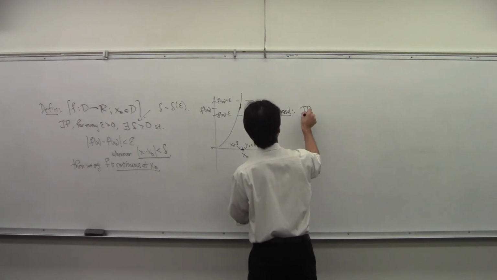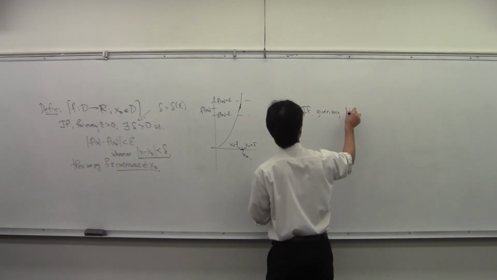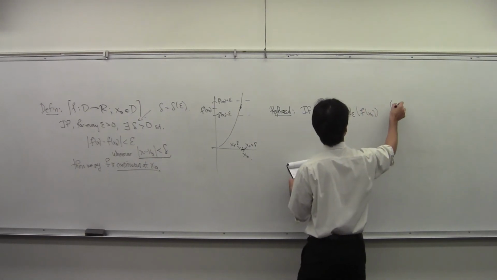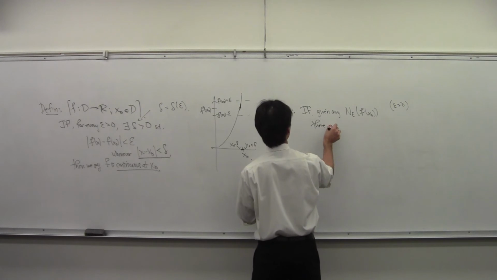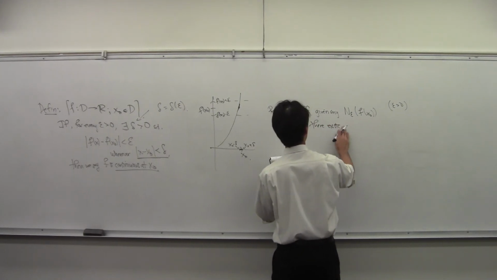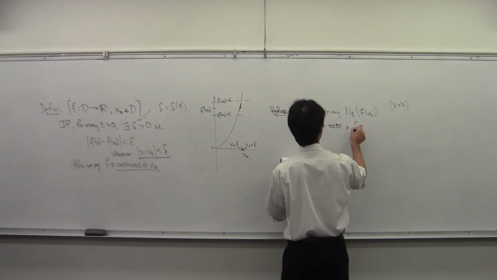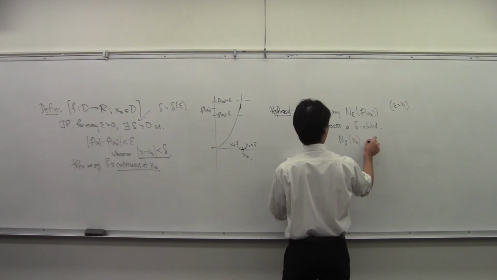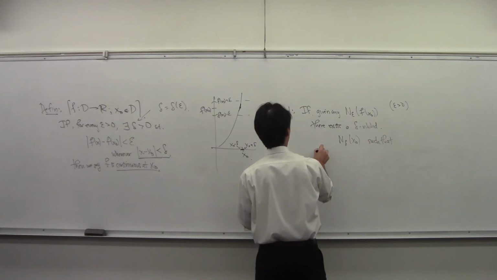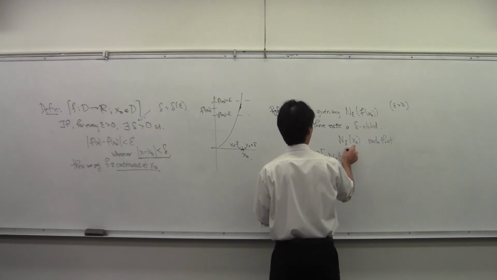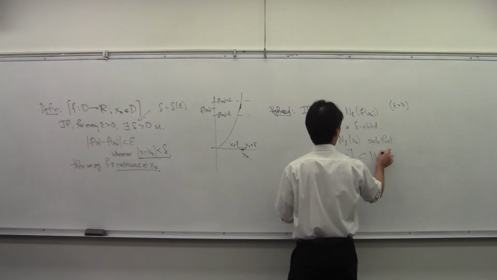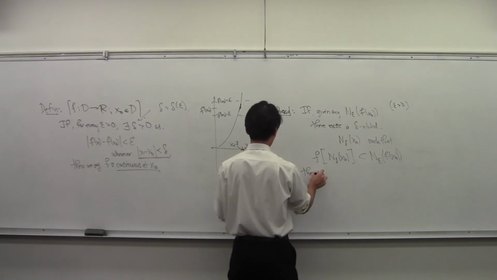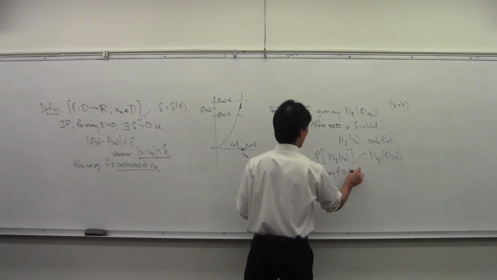If, given any epsilon neighborhood of f of x naught, there exists a delta neighborhood of x naught such that f of every point in the delta neighborhood lies in the epsilon neighborhood, then we say f is continuous at x naught.